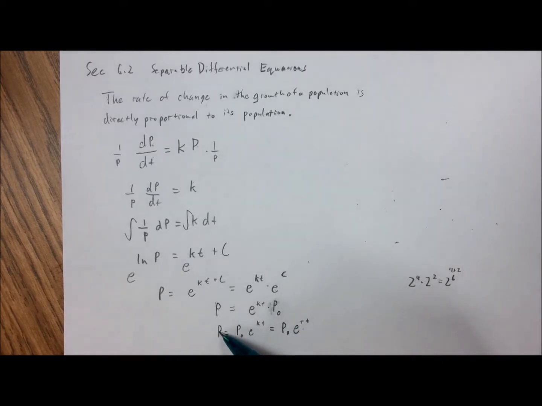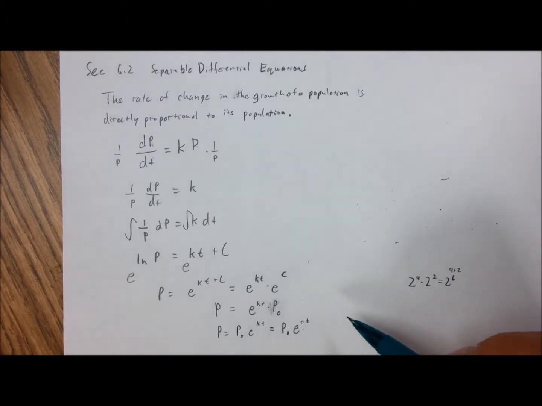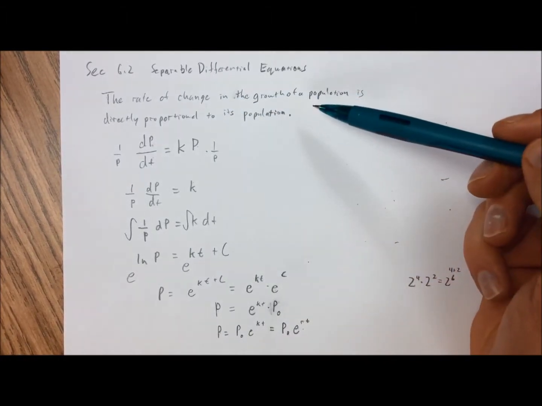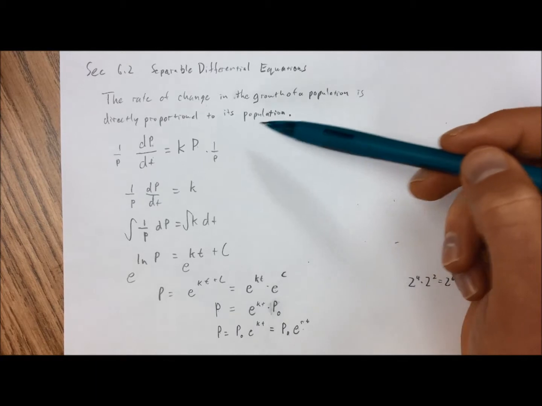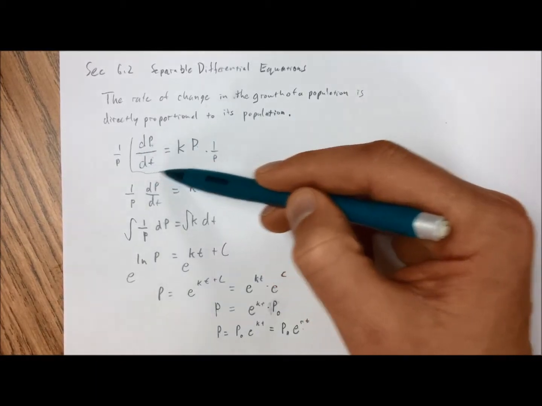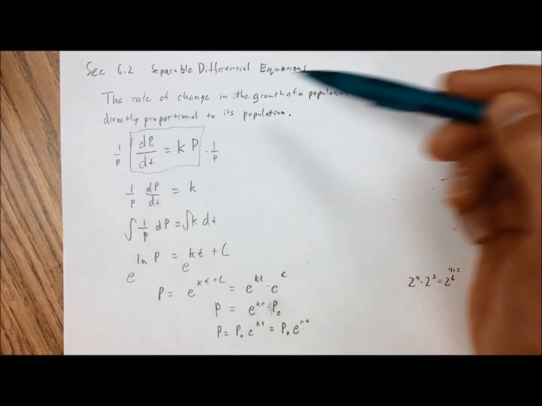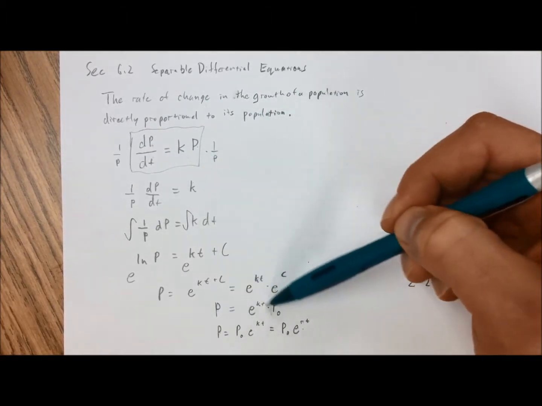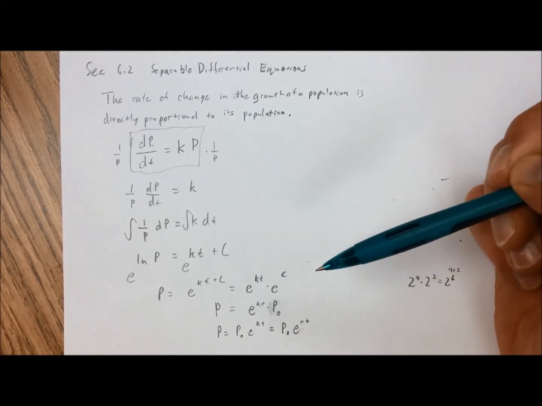So the population at any given time is the starting population times e raised to some rate of growth times time. So this is where PERT comes from. When the rate of change in the growth of population is directly proportional to its population, we get this differential equation right here, which leads us, through some calculus, to PERT.